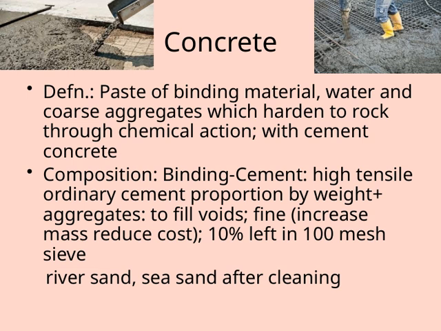When selecting sand, we prefer river sand or sea sand, but it's important to clean them thoroughly before use to remove impurities. Cleaned sand ensures the concrete's strength and durability are maintained. Overall, understanding the composition of concrete helps us design mixes that are both strong and cost-effective, aligning with our goal of building sustainable and durable structures.